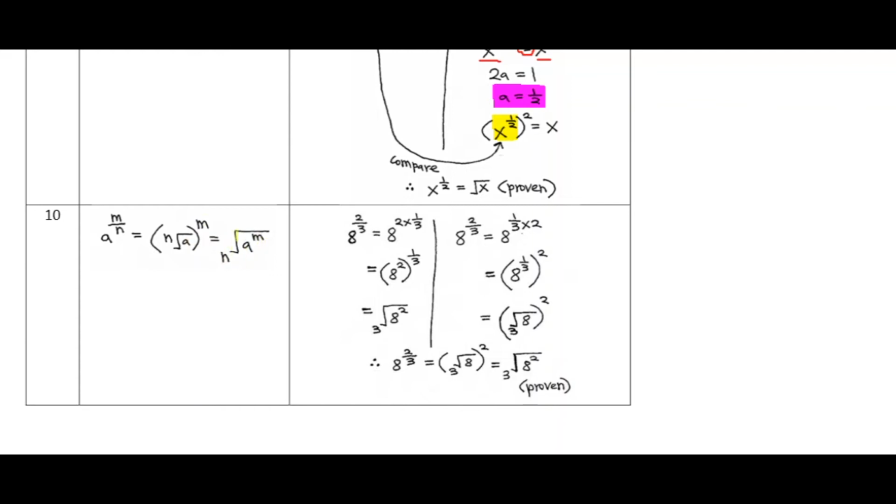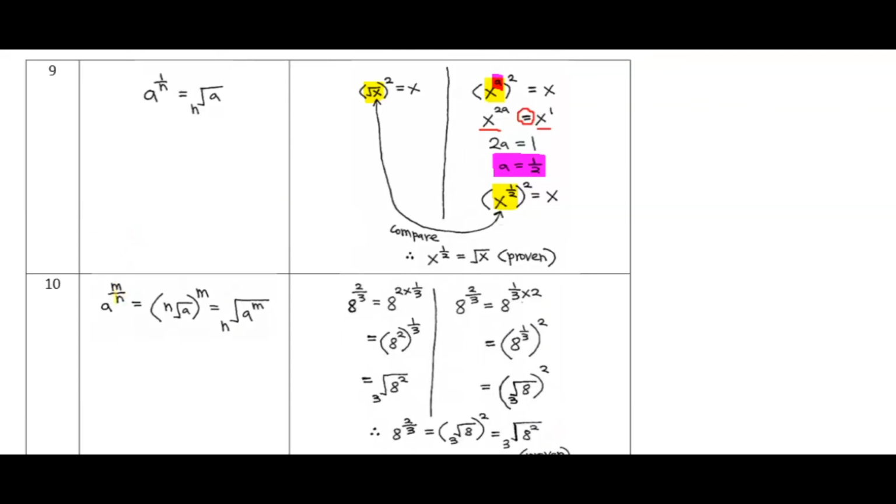So how did I explain it just now, if you can recall, is that this a to the power of m over n, because it is 1 over n, as mentioned in 9, a to the power 1 over n is the same as a root n. So this 1 over n here actually will give me a root n, and then this value of m is just a power, a to the power of m.